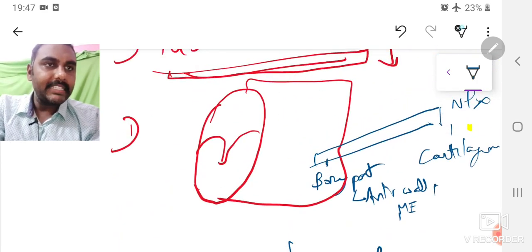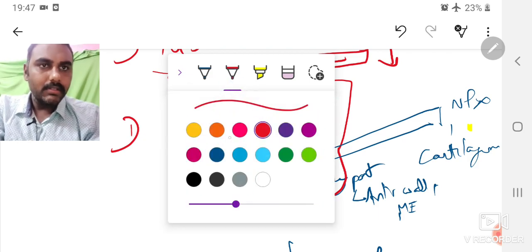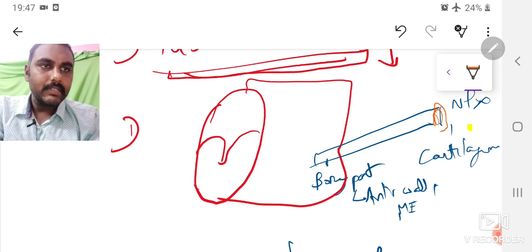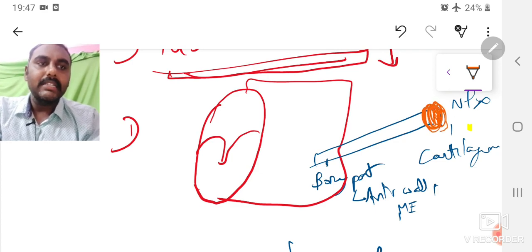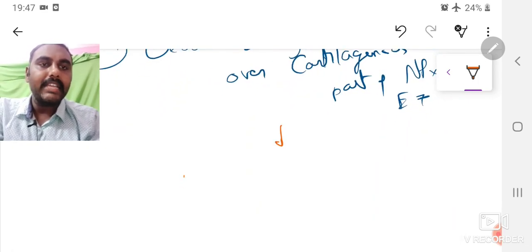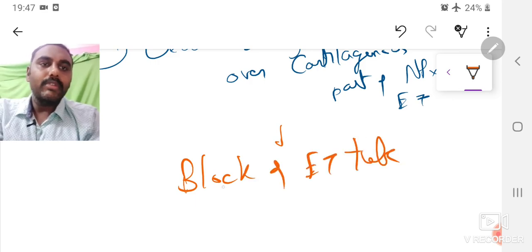So in this area there will be edema. Once there is edema, there will be blockage of the Eustachian tube.